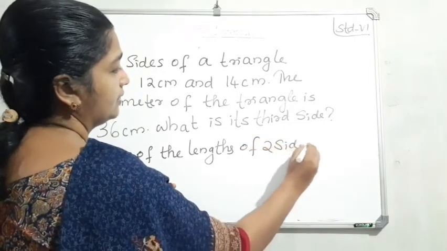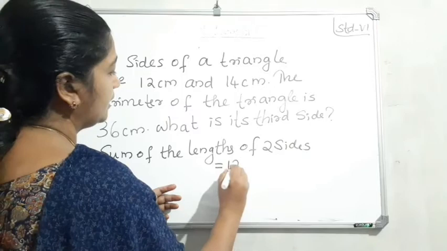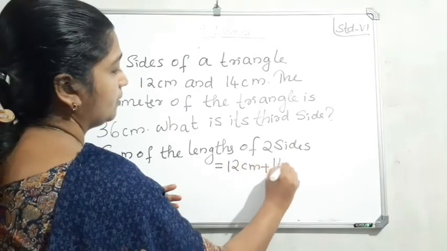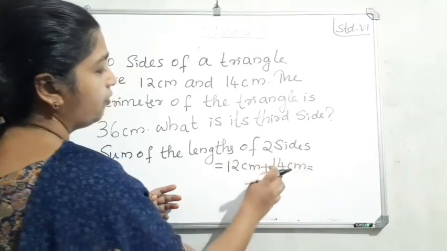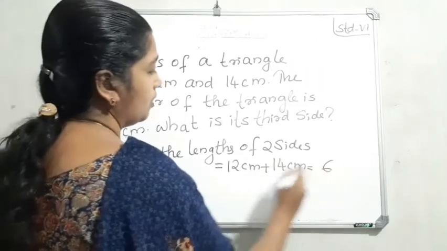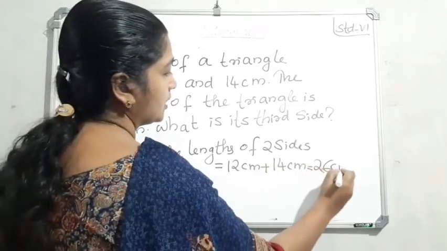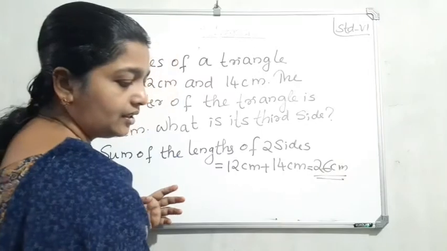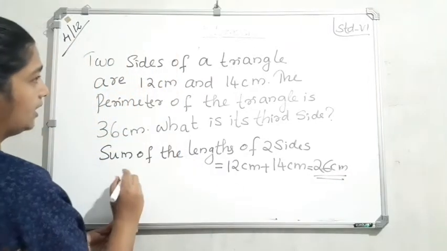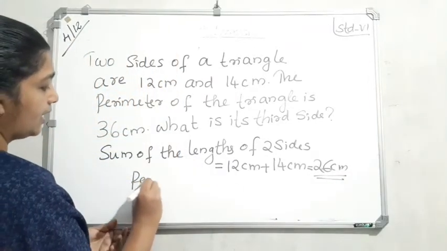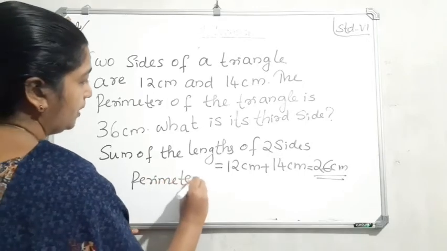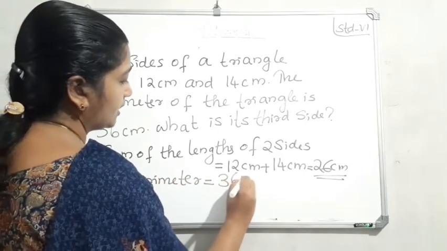Write the answer. That equals 12 centimeter plus 14 centimeter. 14 plus 12: 2 plus 4 is 6, 1 plus 1 is 2. 26 centimeter. Understand? Next, the perimeter of the triangle equals 36 centimeter.